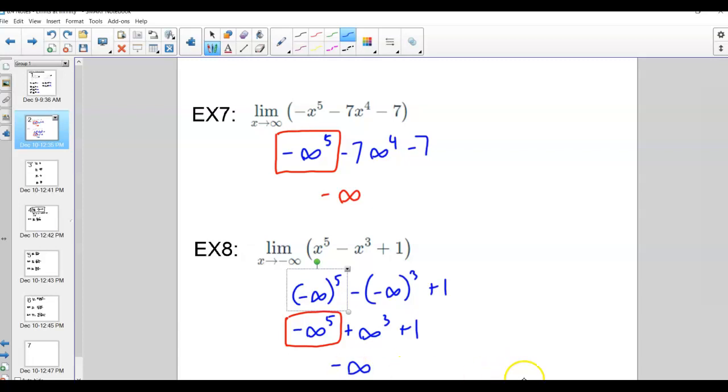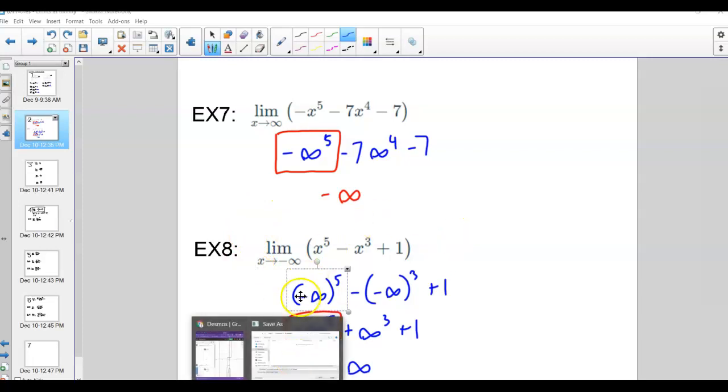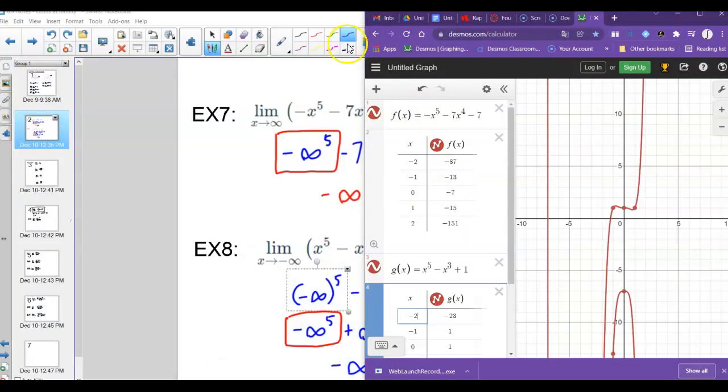Yes, we do have a positive infinity here, which seems like maybe it should cancel out with that negative infinity. But because it's only to the 3rd power, it's a smaller number and is not going to overtake this infinity to the 5th power. You can always check these with a graph or with Desmos. This is example 7.